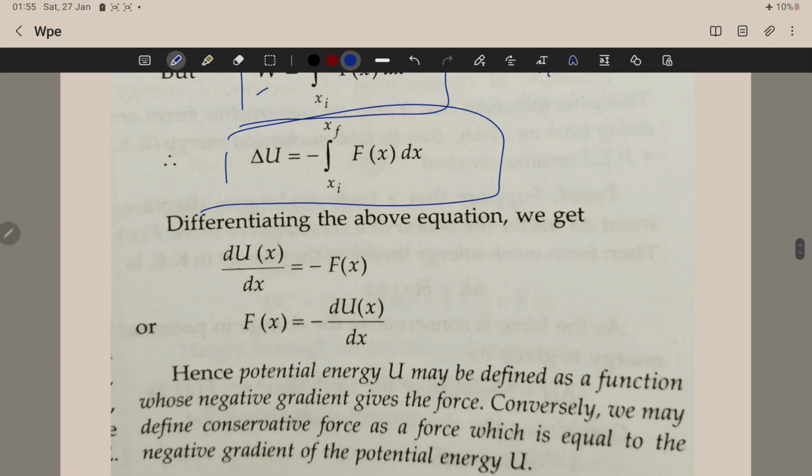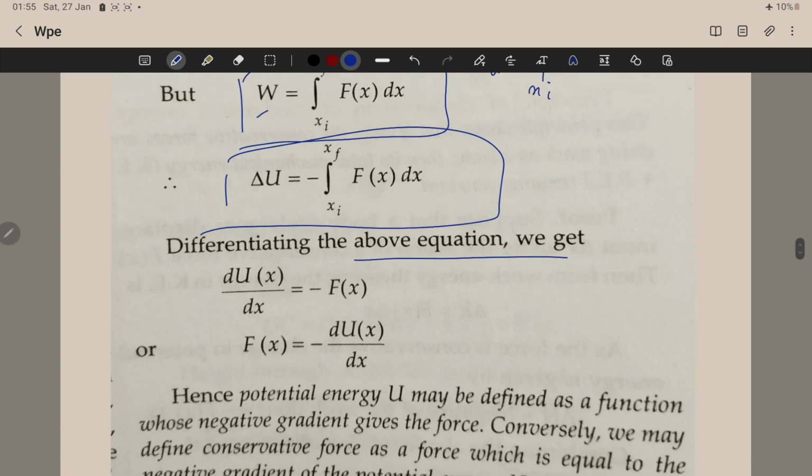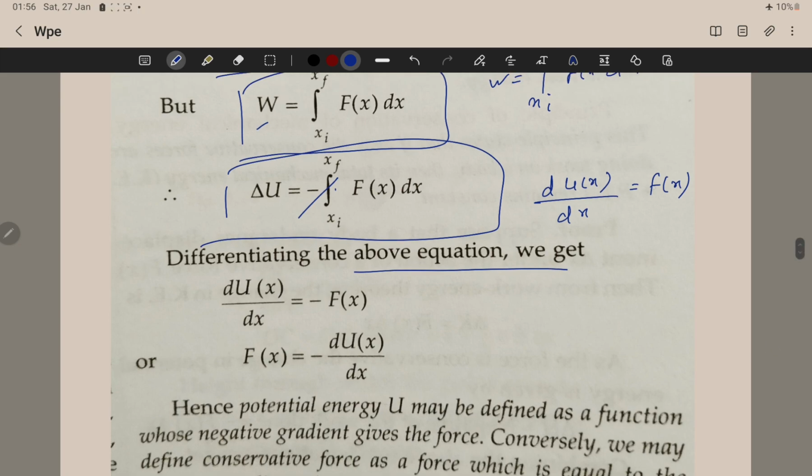Now we are differentiating this equation with respect to x. Because of differentiation, the integration will go away, and only F(x) will remain, along with the negative sign.